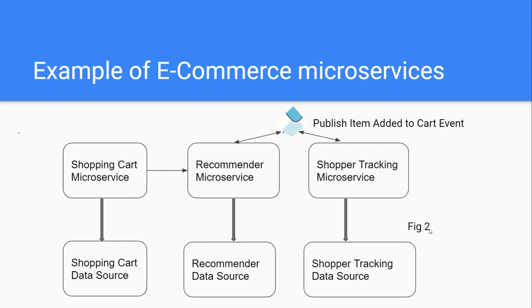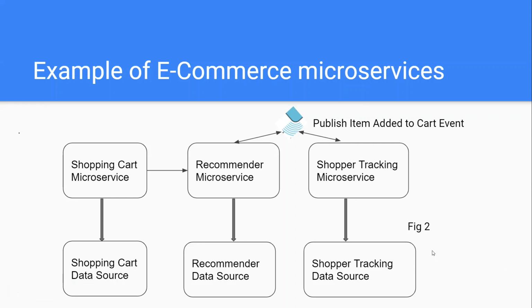So this figure 2 zooms in on the side effects of adding an item to the cart. The trigger for these side effects is the item added to cart event, which is fired by the shopping cart microservice when the user wants to add an item to the shopping cart.